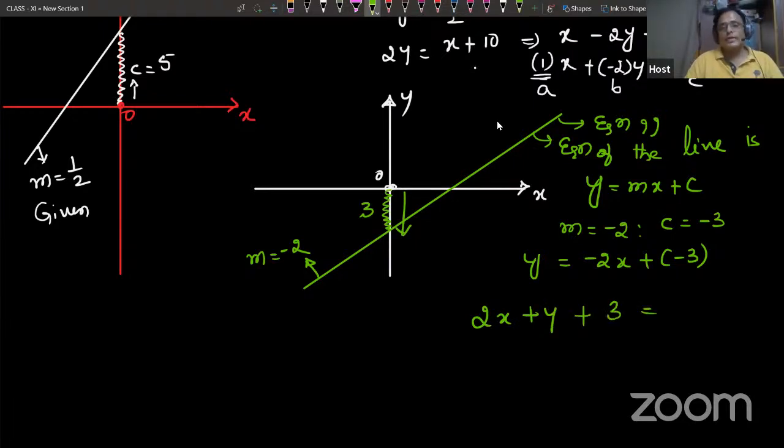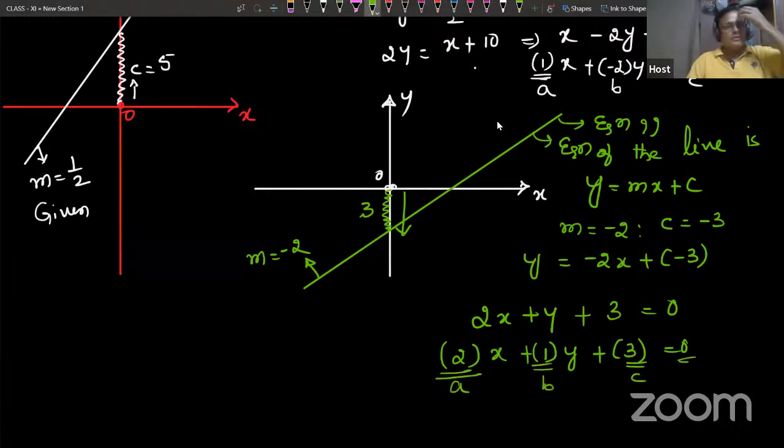So this can be written as 2x plus 1y plus 3 is equal to 0. I told you, the final answer should be in the form of ax plus by plus c is equal to 0. Whenever you take the y-intercept above the x-axis, it is positive. Here, many students will come across confusion about the c value. Here the c value should be -3, because it is down. In this case, we have to take -3.